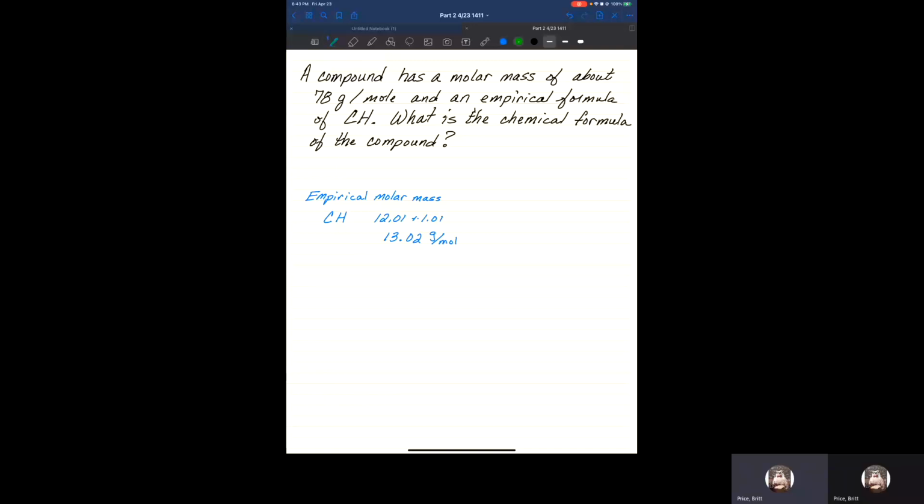And then I know my actual molecule molar mass is 78. So 78 grams per mole over 13, and we'll just call it 13 grams per mole, equals 6.